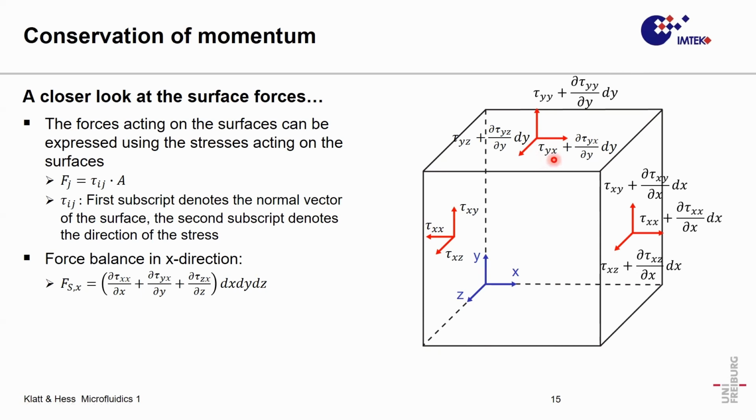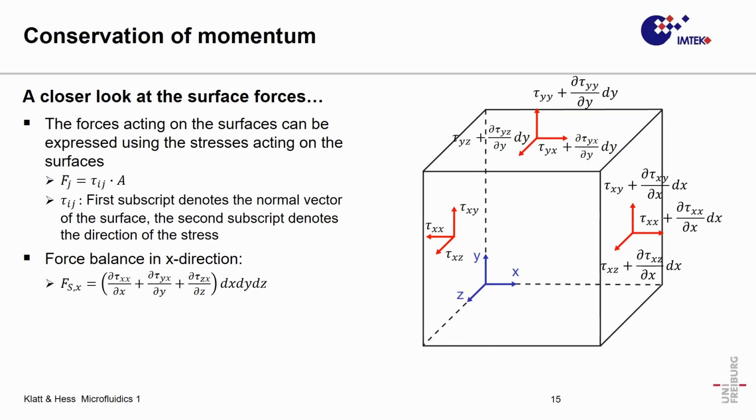So the tau yx cancels out, and you just have this one right here. Notice that you always have to multiply with the area. So for this one here, you have to multiply this by dx dz. And if you do this for all surfaces, you end up with the force balance in x direction.